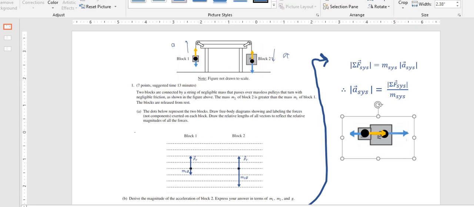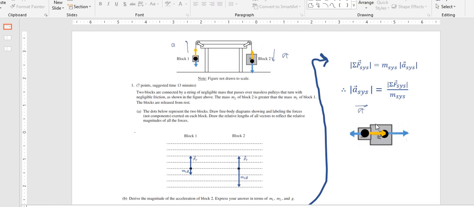The acceleration for this new kind of fake system here should be kind of obvious: it is to the right. Basically what you would want to do is look at it. The force of tension totally cancels itself out because it's the same for both blocks. It's like the string is just what's holding them together.